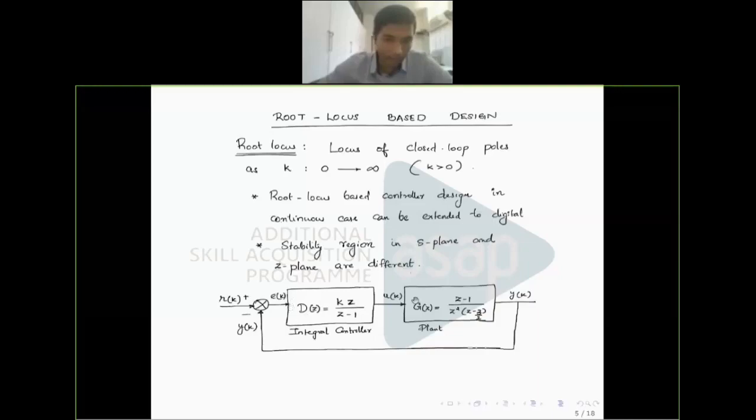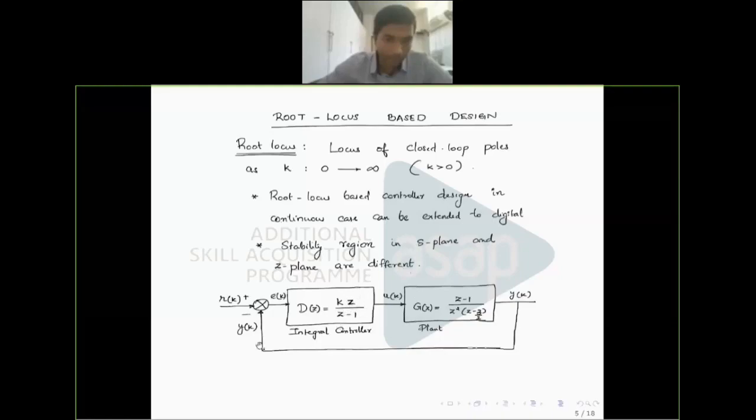I am considering an integral controller D of z of the form capital K, which is the gain that we are going to design using root locus, and the structure of the controller is z by z minus 1. If you look at the controller, it has a 0 at the origin, z equal to 0. There is a pole at z equal to 1.